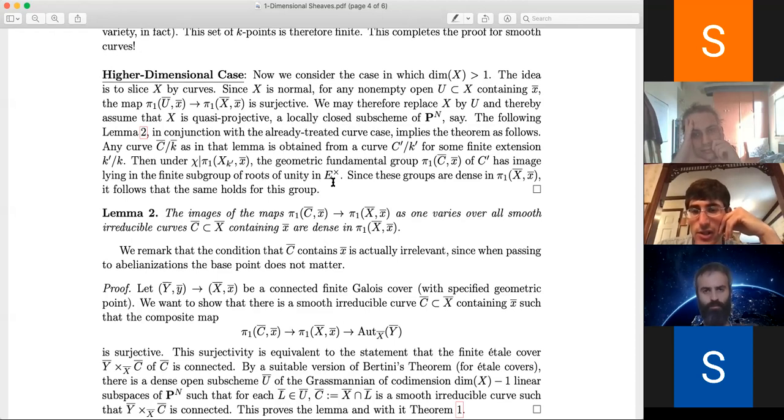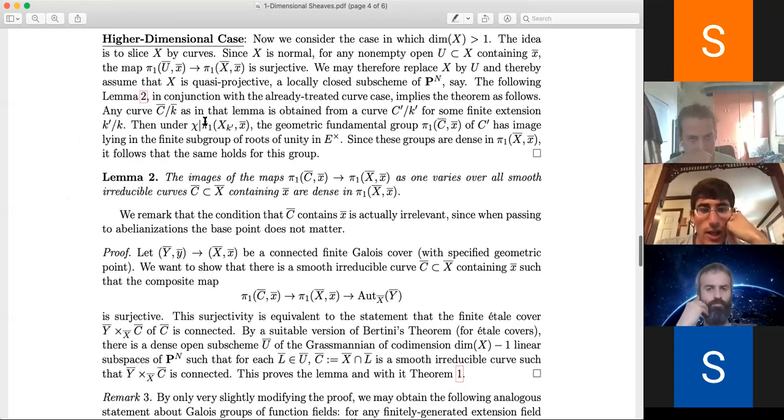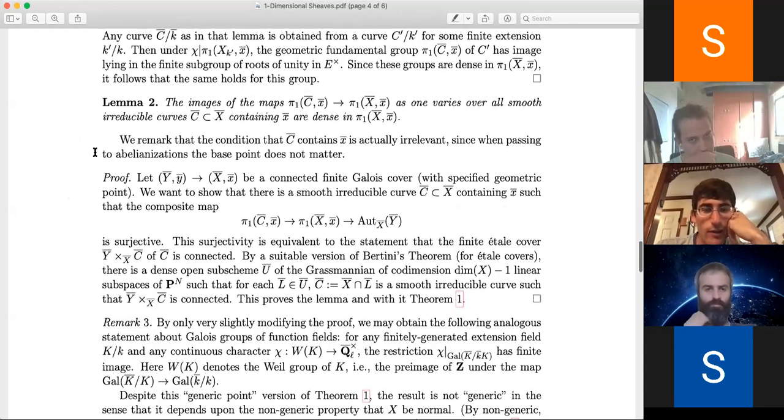And since these are dense inside the geometric fundamental group of X, it follows that this group also maps into this finite group of roots of unity, because a dense collection of elements does. Right, because to map into the roots of unity means that you satisfy x to the n is 1 for some n. There's a fixed n such that for all of them x to the n is 1, and if it's true on a dense thing, it's true everywhere. Okay, so just slicing by curves. Now, is that good?